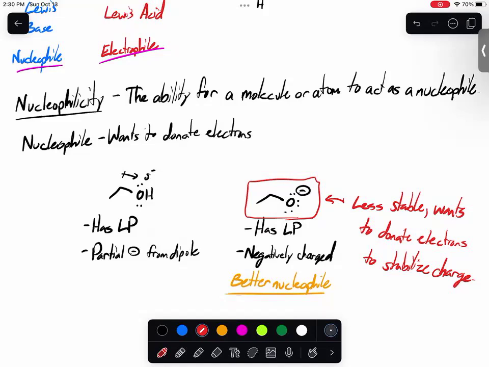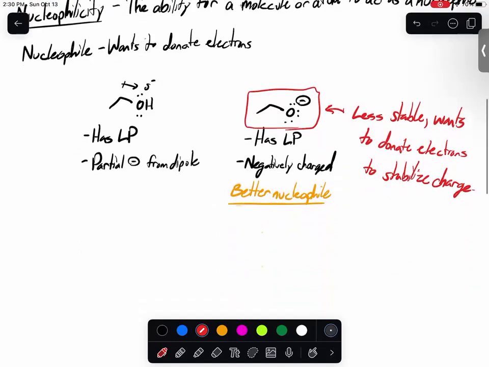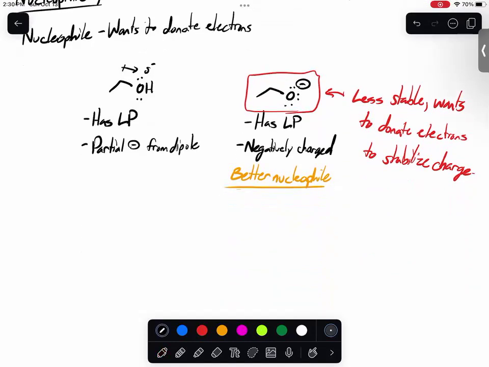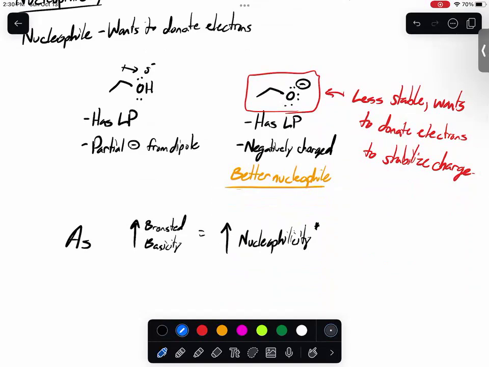So essentially what we're seeing here is that nucleophilicity and basicity are tied together. Essentially, as basicity, in terms of Bronsted basicity, increases, so does nucleophilicity. This is said with an asterisk because it's mostly true, but not always.